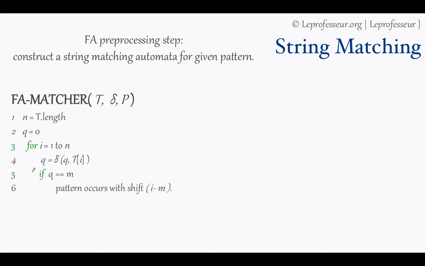And in the end, if you say, okay, I have fully processed my text string, and I see the value of the output of the transition function, which is a state, is equal to the length of your pattern m, then you have discovered the pattern with a shift i minus m in the original string. All right.